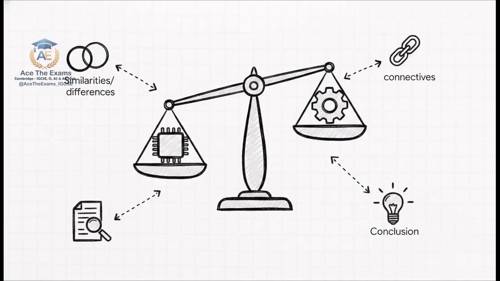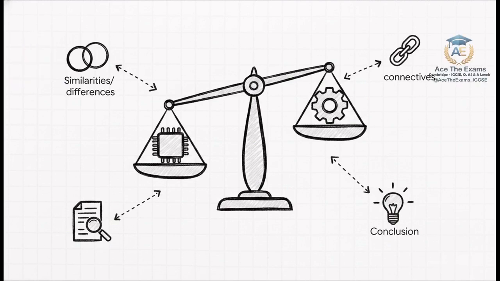When comparing alternative approaches, it's not enough to just list facts. You must use comparative connectives and draw justified conclusions. If you get an 8-mark question asking you to compare 2 different sensor setups, you need to memorize this 4-step checklist. First, identify similarities and differences. Do not just write 2 totally separate paragraphs about the 2 setups, you have to put them head to head. Second, actively use comparative connectives.